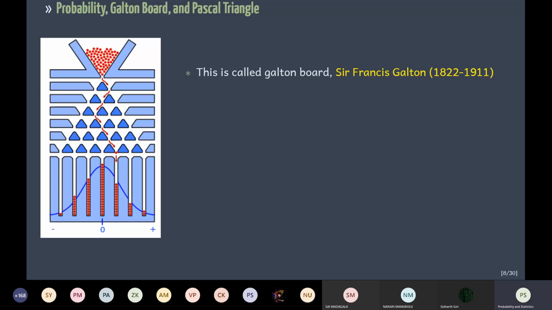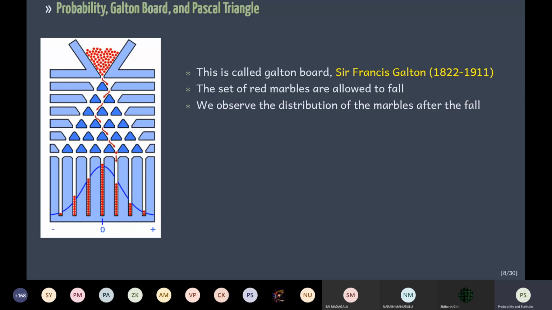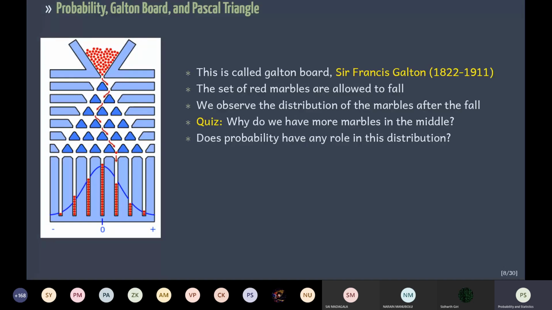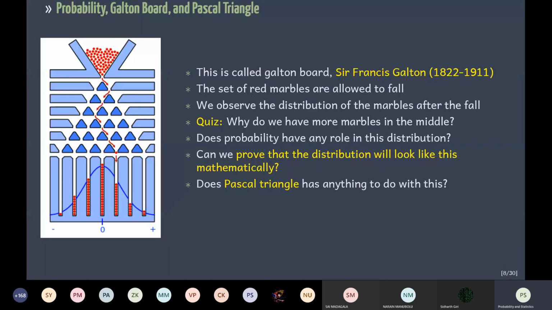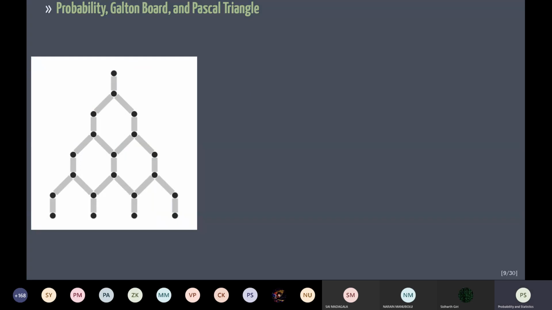This is the Galton board, after Sir Francis Galton, and the set of red marbles are allowed to fall. We observe the distribution of the marbles after the fall. The question is, why do we have more marbles in the middle? Does probability have any role in this distribution? Can we prove mathematically that the distribution will look like this? Does Pascal's triangle have anything to do with this? Let us analyze this in detail.